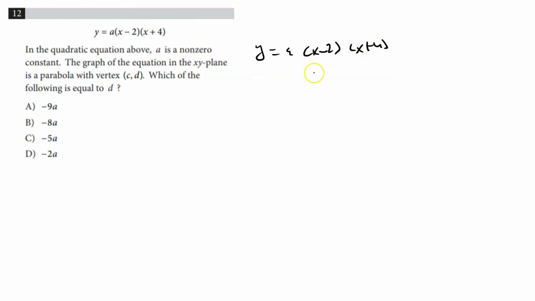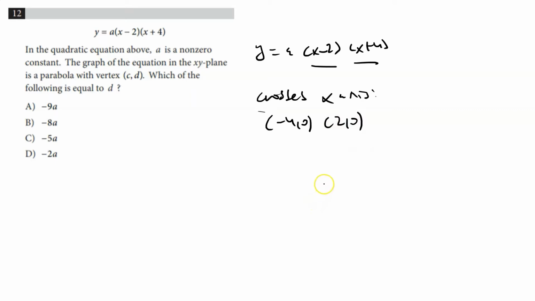If you know anything about parabolas, in a factored form like this, these two roots are where the parabola crosses the x-axis, where the y value equals 0. So it crosses the x-axis at x equals -4 and x equals 2, or the points (-4, 0) and (2, 0).